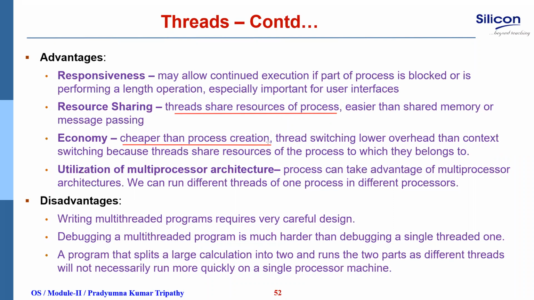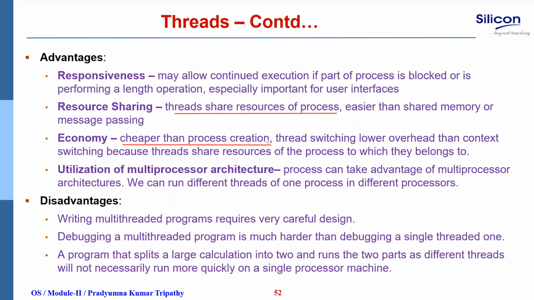If you go for context switching, many things have to be saved and then reloaded. If you are creating a process, much information has to be kept. If you are terminating, you have to do many tasks. But for a thread, it is not like that. We don't need anything because most of the things it shares from the process. It has only its own program counter, registers, and its own stack.